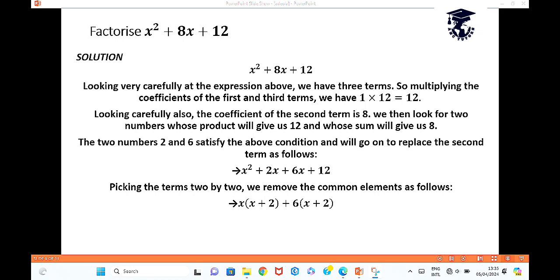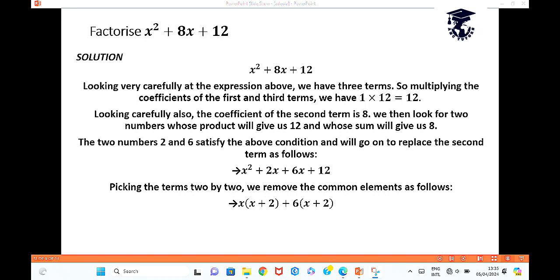Plus we now move on to the last two terms, which is 6x plus 12. What is common between 6x and 12? 6 is common. So when we remove 6 from 6x, we are left with just x. And when we remove 6 from 12, we are left with 2, because 6 times 2 is equal to 12. Alright, so we factorized already.